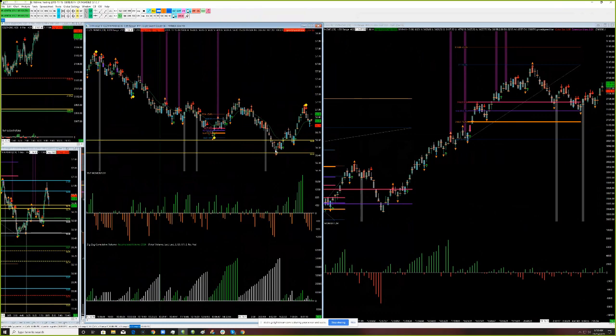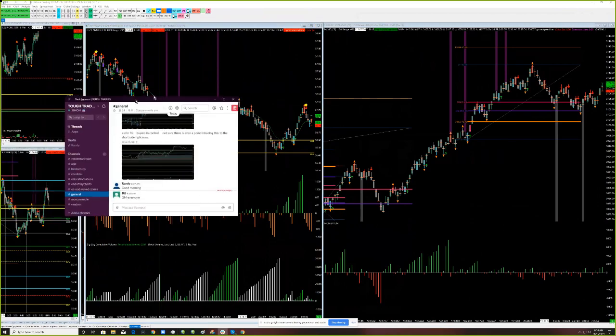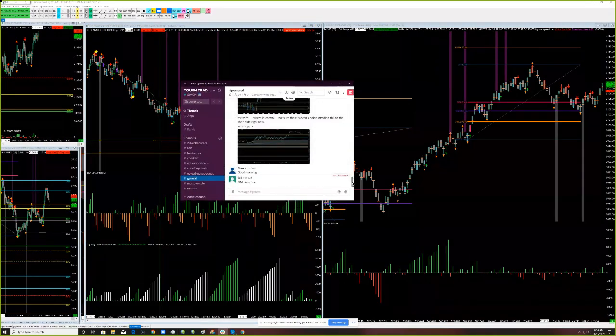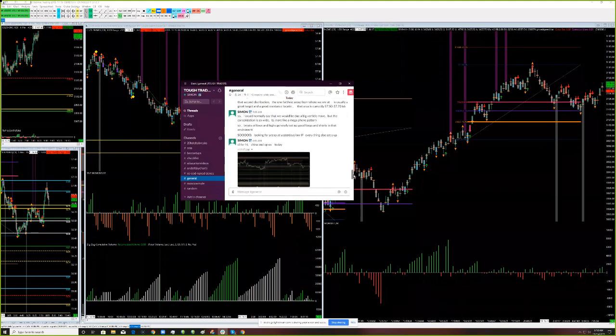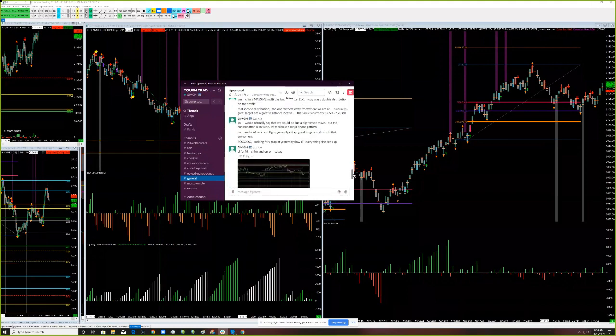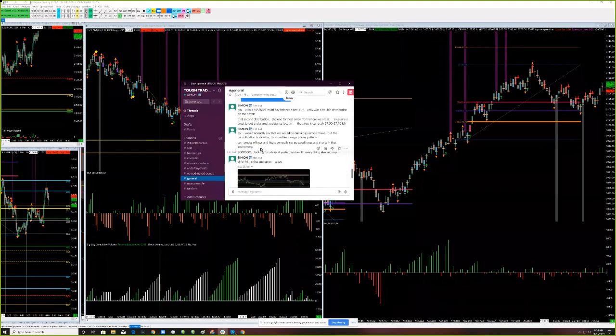And what you'll see is we got a fractal off the bottom, shift up, and then look what I wrote. I said, what I'd like to see is if we come back in here, so I wrote out the formula, almost exactly what we needed: break of the low, and highs are generally set up as good longs and shorts in this environment. So looking for a trap at yesterday's low if everything else sets up.